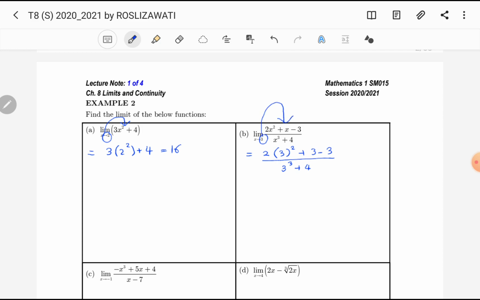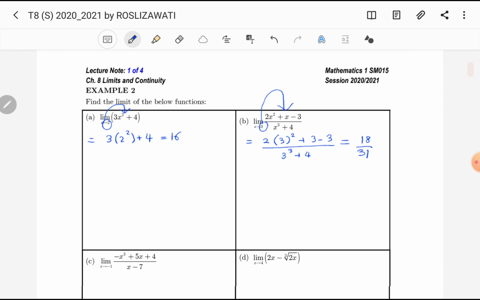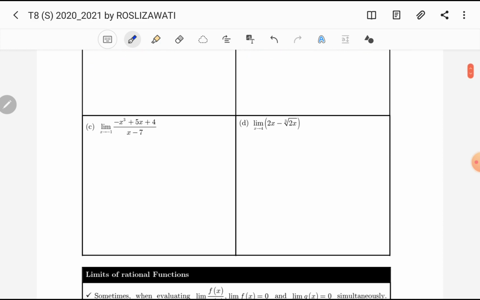Nah, so bila saya dah substitute, so dah tak ada perkataan lim tu, dah tak ada. Ya. Okay, so the answer for this one is 18 over 31.